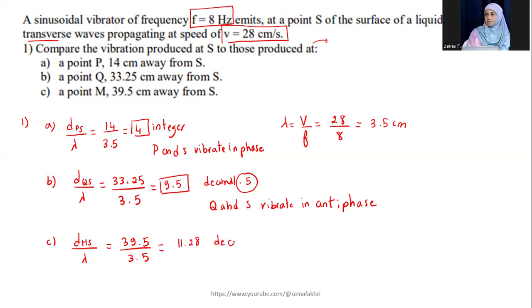So it's a decimal, but it's not 0.5 and it's not an integer. Then in this case, we can say that M and S vibrate neither in phase nor in antiphase. Now we have to pay attention that this lambda is now a given. So we have lambda equal 3.5 centimeter. We can use it now.